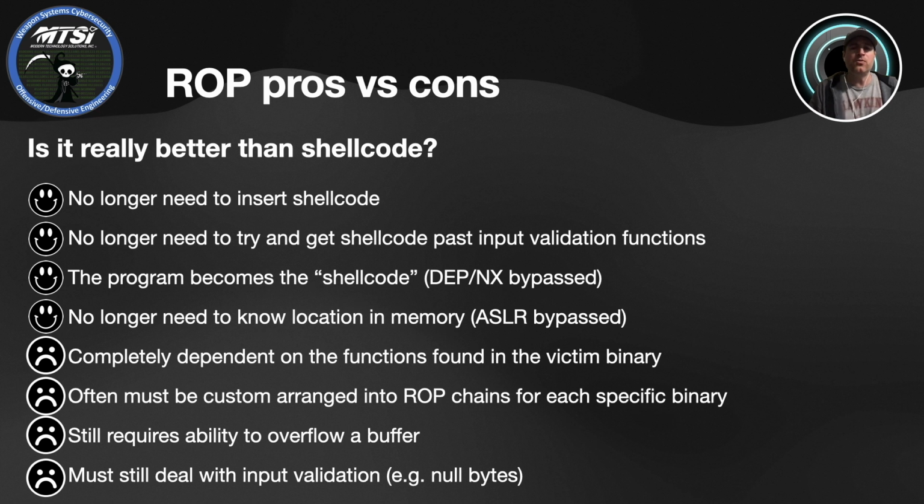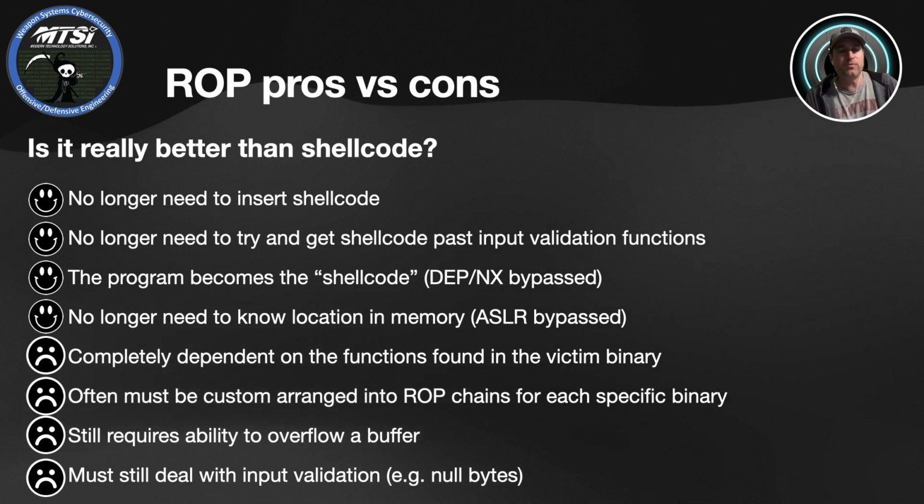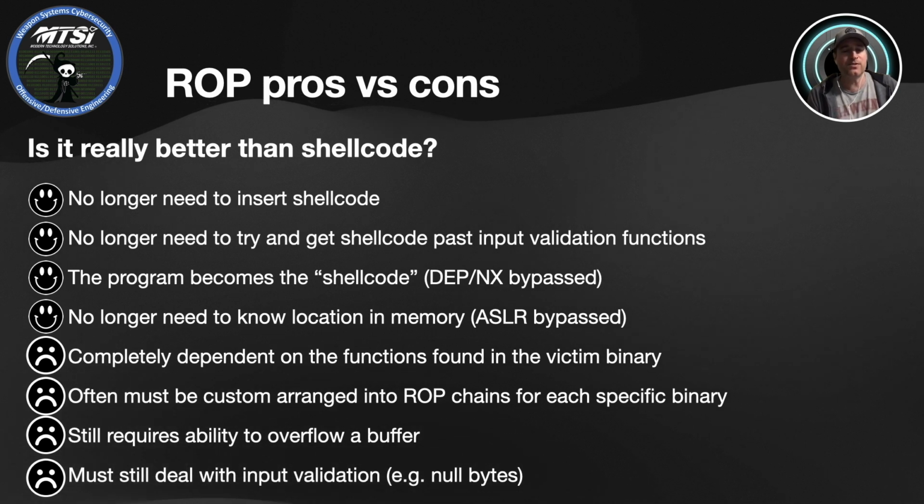Another thing to note is in order to do ROP, as compared to shellcode, you still have to overflow a buffer. You still need to be able to control the return address, and so you still have to have some way of going past the bounds of some memory buffer on the stack and getting down to the return address.